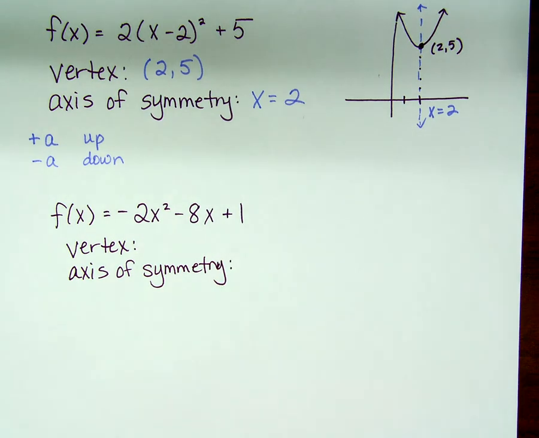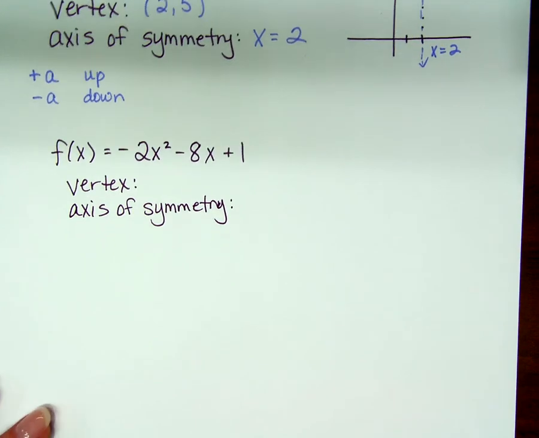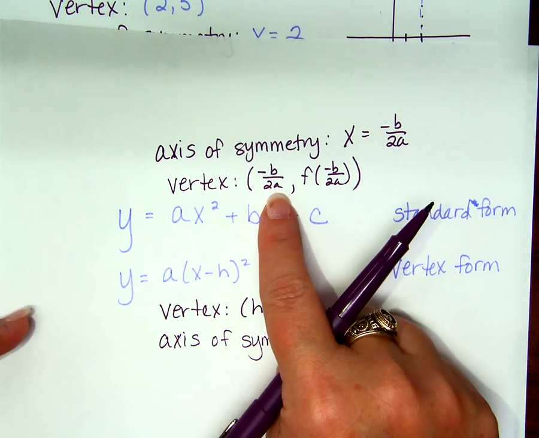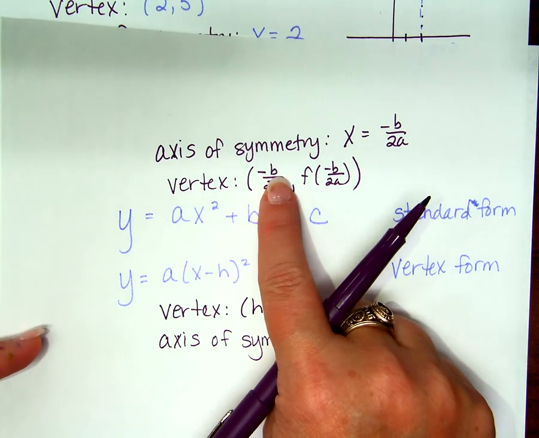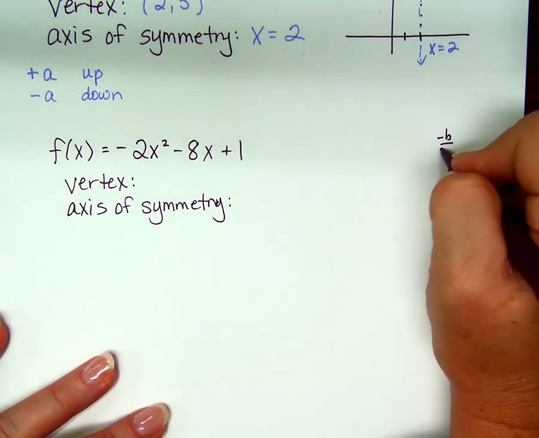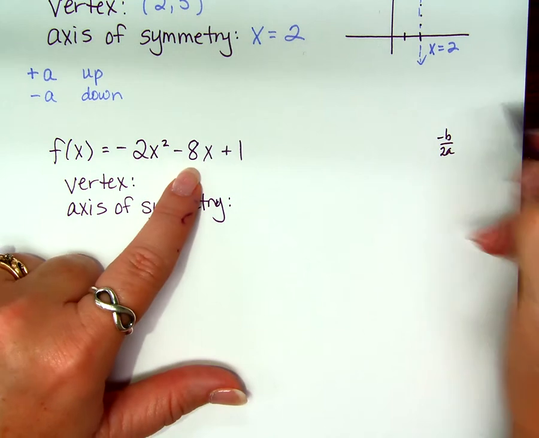And then I eventually want a graph, right? But I really need to find my vertex and axis of symmetry first, don't I? Okay. Well, this is in standard form, right? So finding the x coordinate of my vertex, I need negative b over 2a. Negative b over 2a.